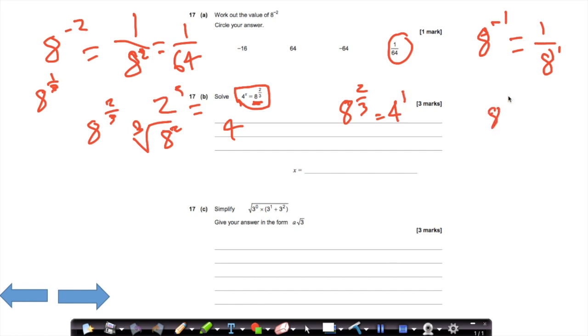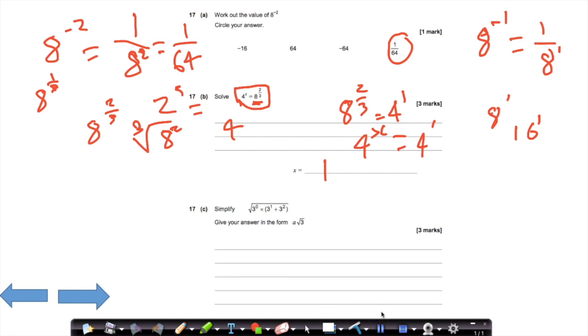Any whole number is really just itself to the power of 1. So 4 to the power of x is 4 to the power of 1, so x is 1.